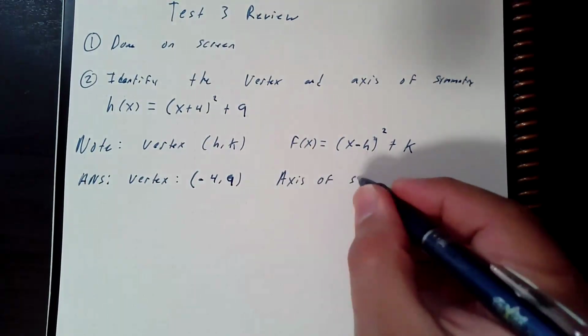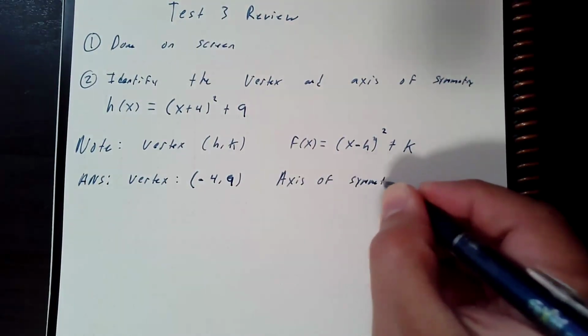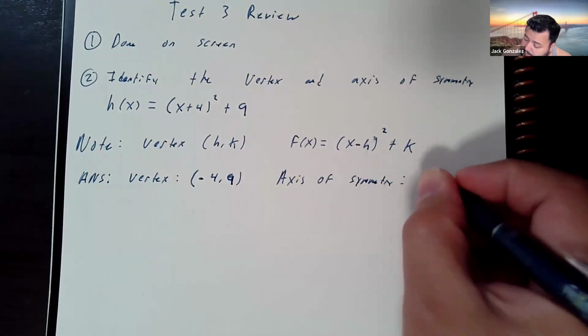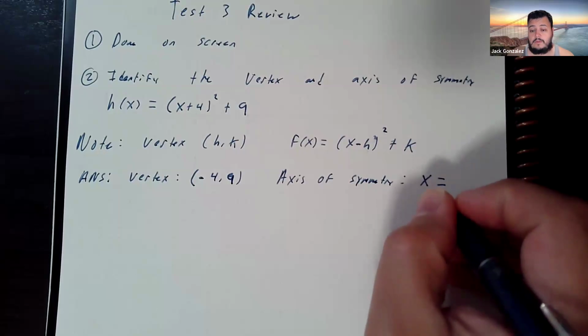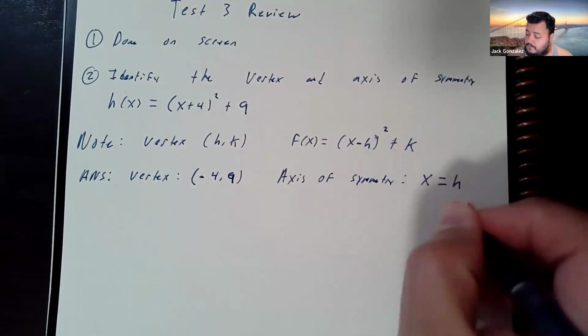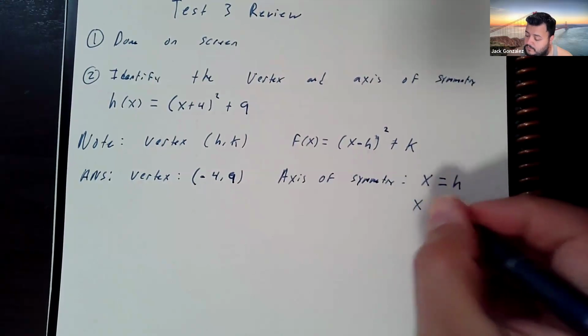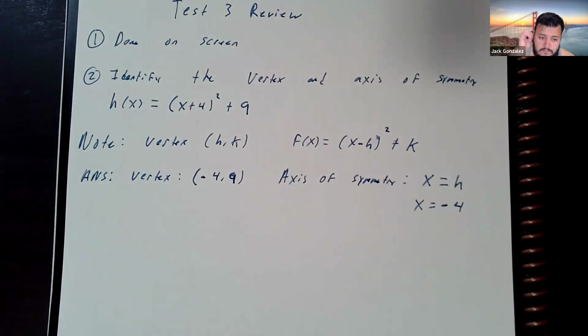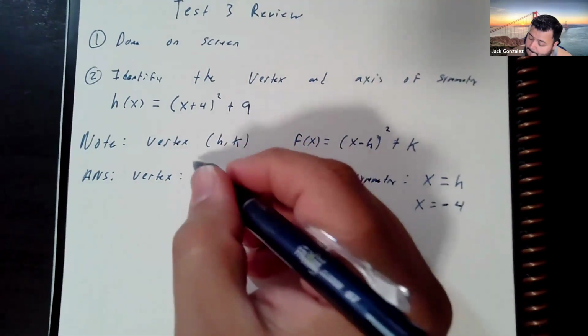In the center, like in the middle of the line. Yeah, it's always in the center. So it's always going to be x equal to a number. It's going to be the h. So in this case, the -4.